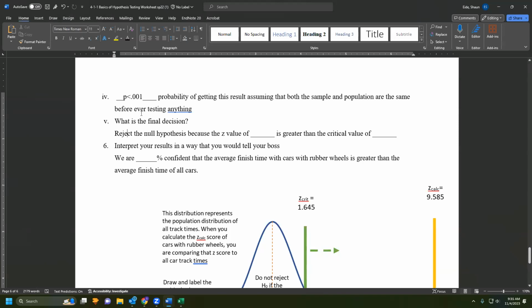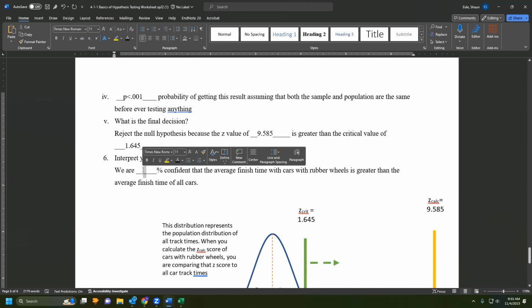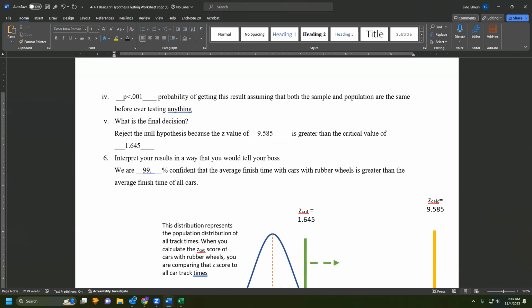So what is the final decision? Reject the null hypothesis because the z-value of 9.585 is greater than the critical value of 1.645. And so we are right here 99.9% confident that the average finish time with cars with rubber wheels is greater than the average finish time with all cars.